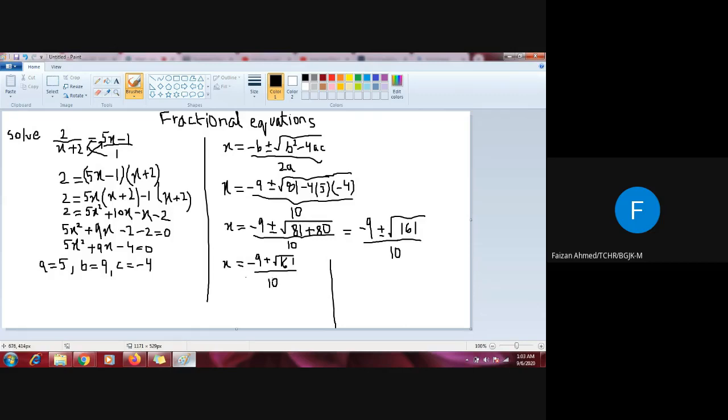And I'm solving with the calculator. You know the square root of 161: 12 times 12 is 144, so it will be around 12 point something, because the square of 13 is 169. So on subtracting, I will get an answer of 0.369.